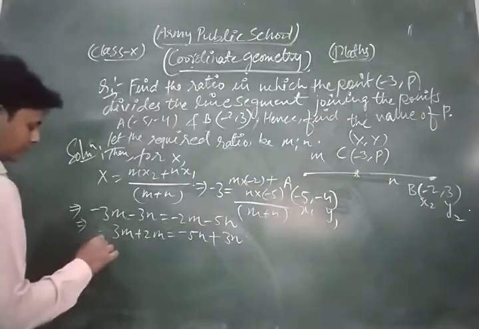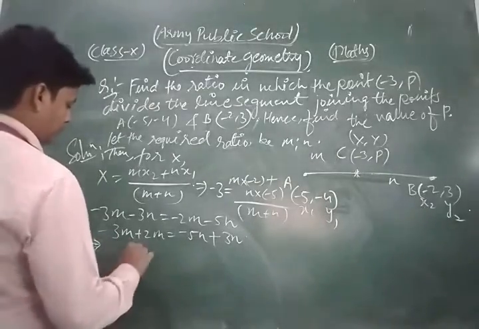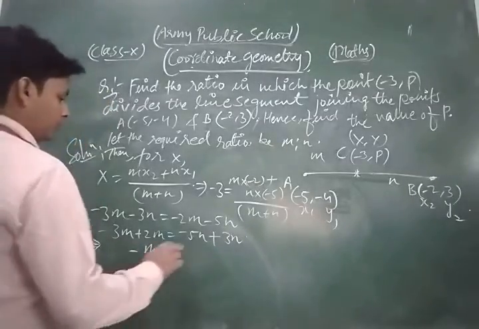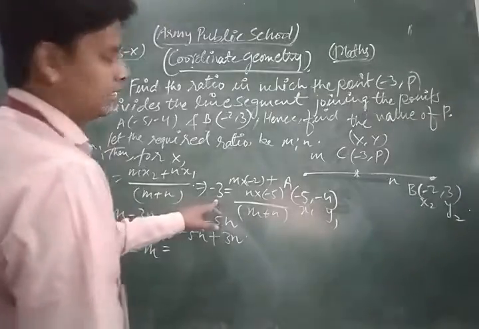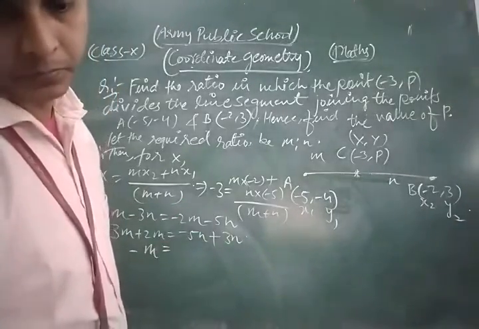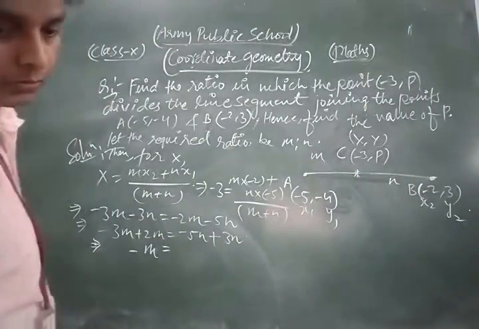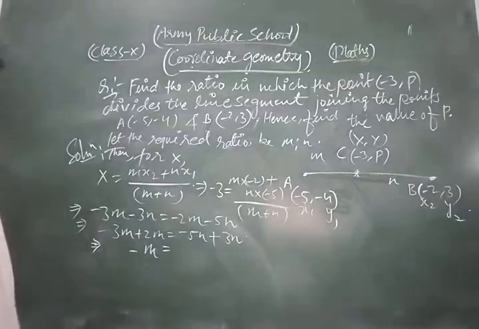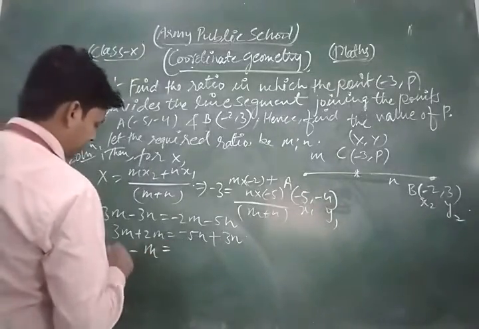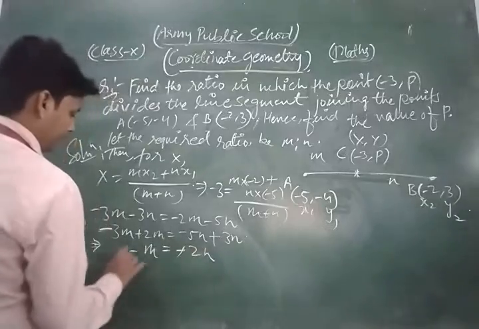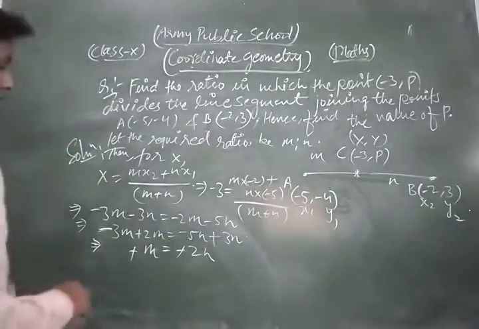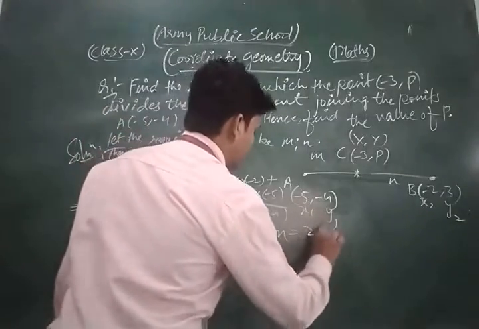So we have minus 1m is equal to minus 2n. The minus signs cancel each other.